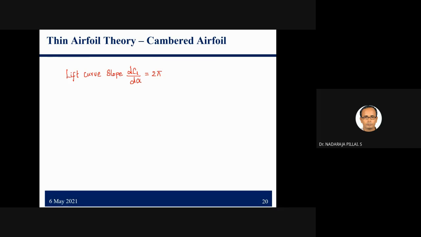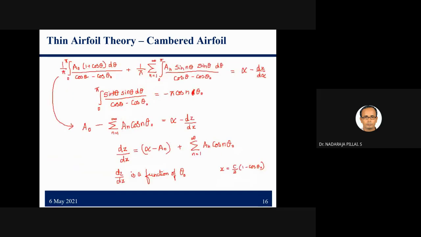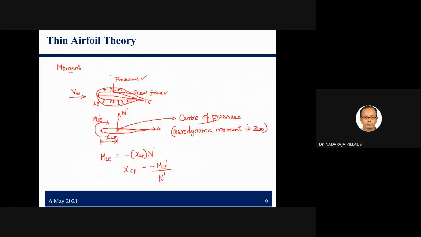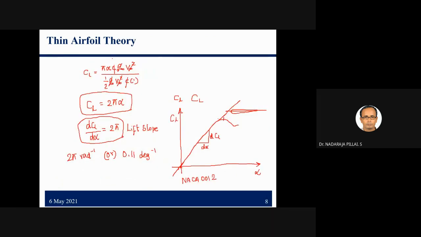So the similar case we have obtained in the symmetrical airfoil, right? So we have dCl by d alpha equal to 2 pi. Now there may be a question: what happens if there is a symmetrical airfoil and unsymmetrical airfoil?